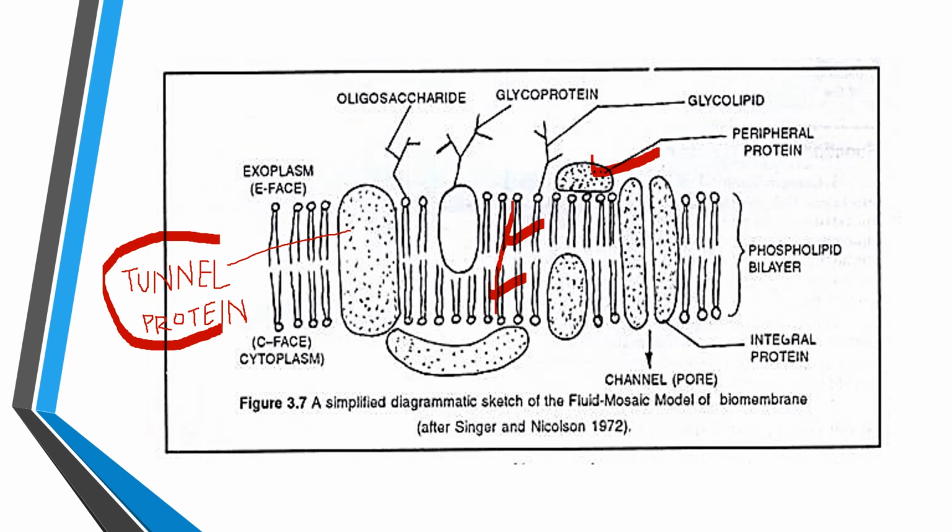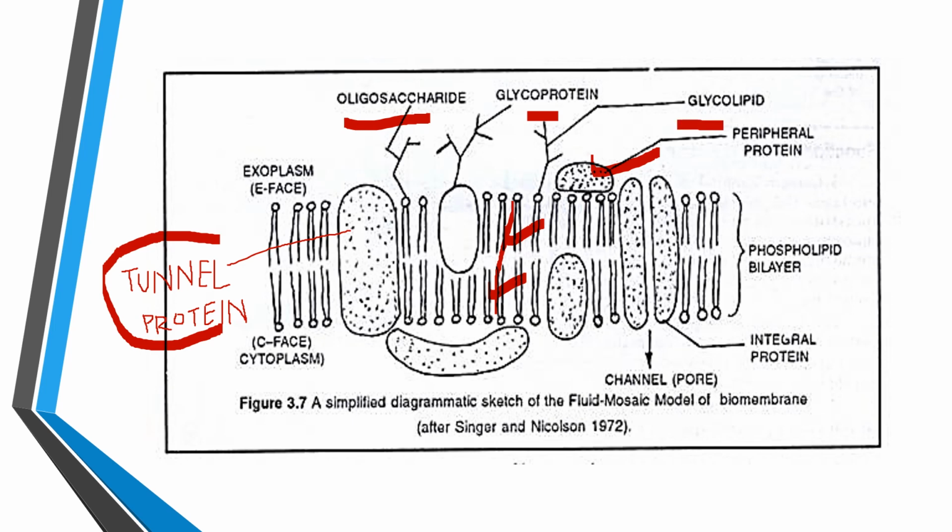Besides this, students, some other structures are there. Carbohydrates are there in the form of oligosaccharides, and if sugar molecules are attached to proteins or lipid molecules, then they are called glycoproteins or glycolipids respectively.